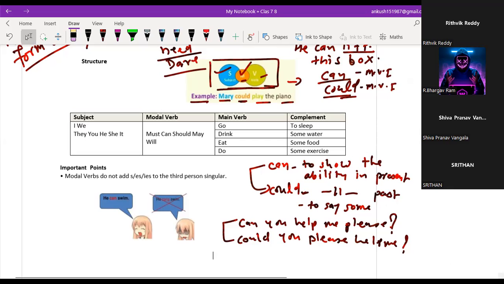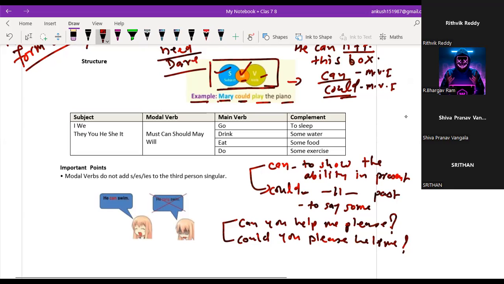Shiva Pranav, who is this? What's your name? Shiva Pranav, sir. Is that your whole name, or is your parent's name also there? Your voice is breaking. Bhargav, are you there? Yes, sir, I'm there. So please respond in the class. Sir, small mic problem.